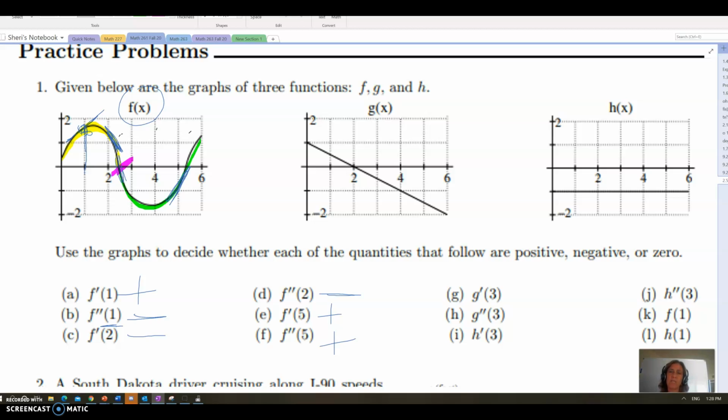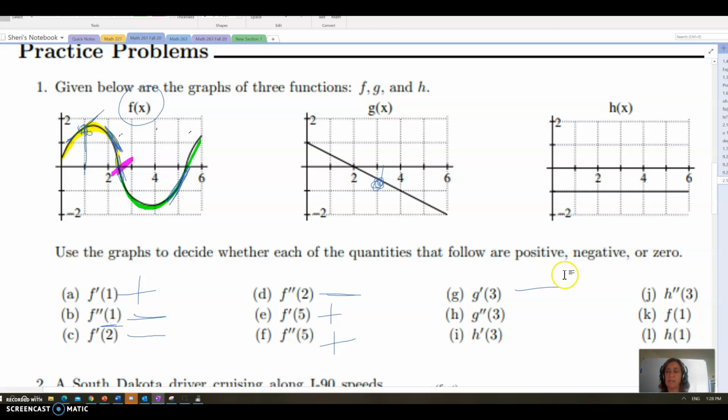In functions g and h, they're both linear. So we already discussed that the derivative, or rate of change, of a linear function would be constant and equal to the slope. So everywhere on function g, I'd have the same derivative, equal to the slope of that line. That line is decreasing, so certainly the slope would be negative. So specifically at g of 3, the derivative is going to be negative.